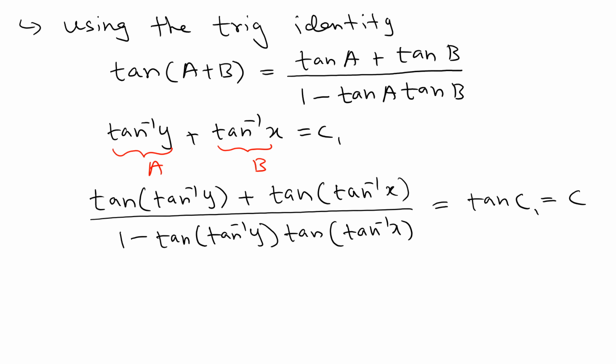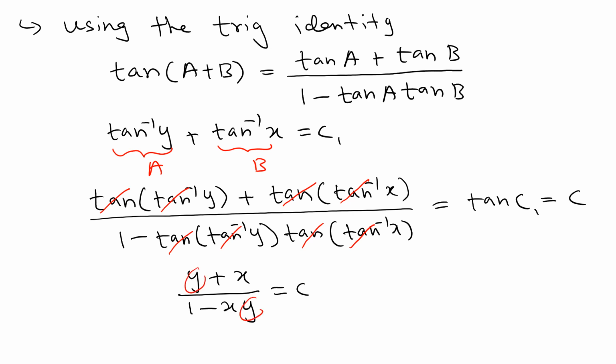Okay, and then you can see these get cancelled out, and you simply get (y plus x) over (1 minus xy) equals c, and you can see it's really nicely simplified. Also you can actually isolate y.